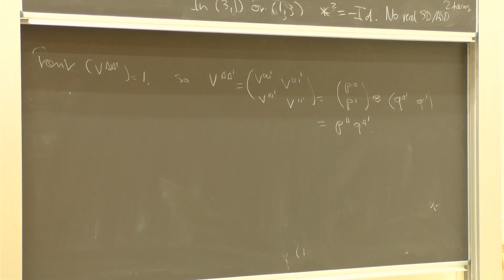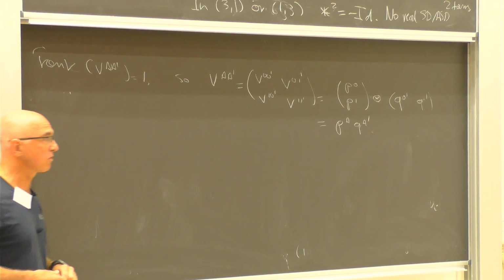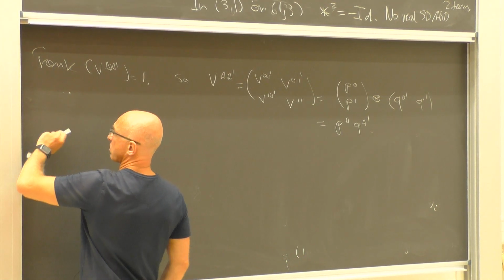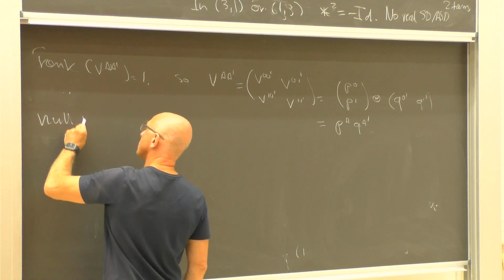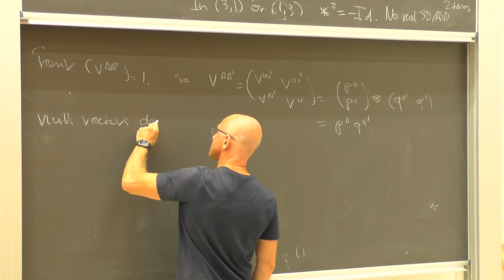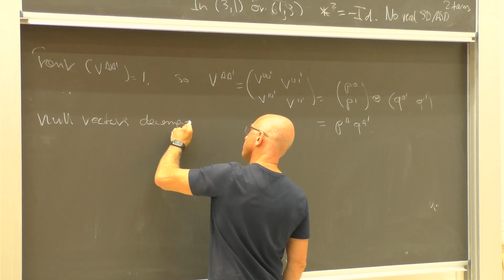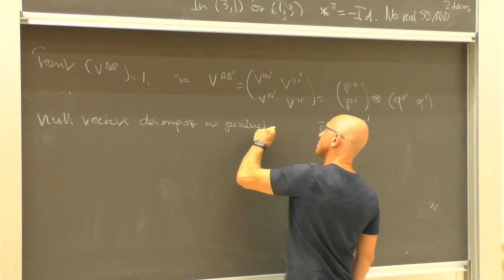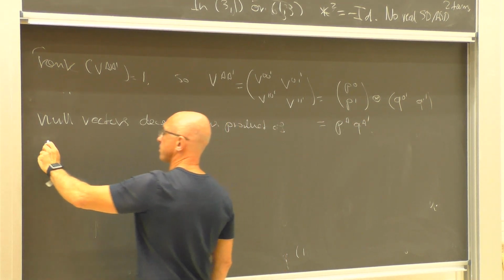So, in physics, if it's the trajectory of a photon, then you can write it like that. So null vectors decompose as products of spinors.